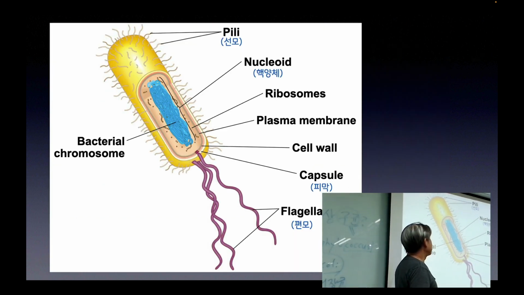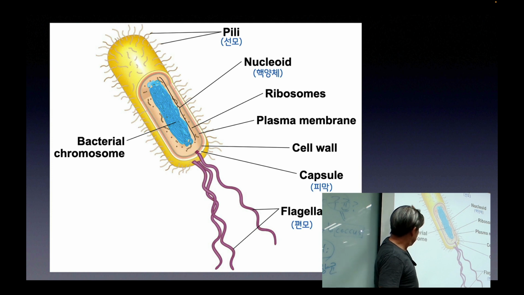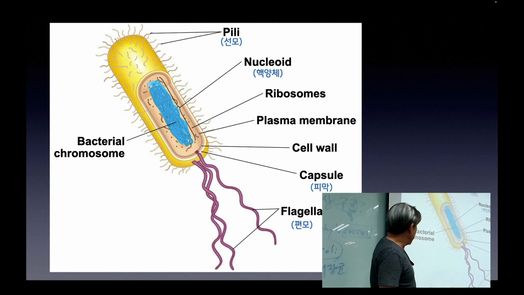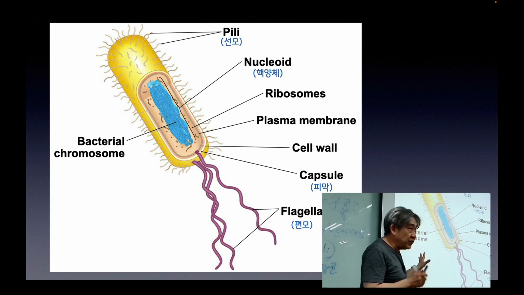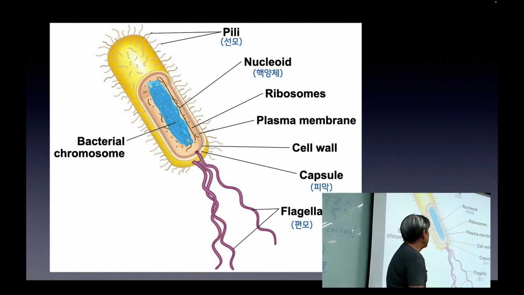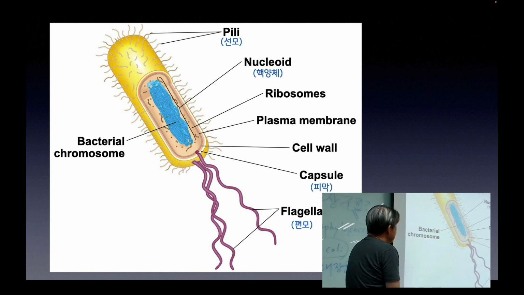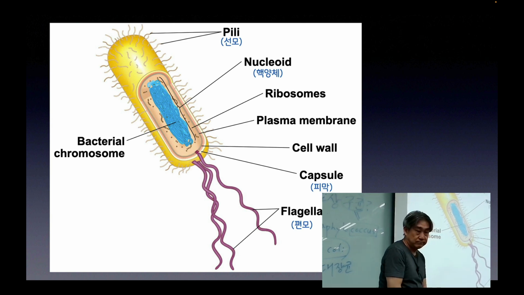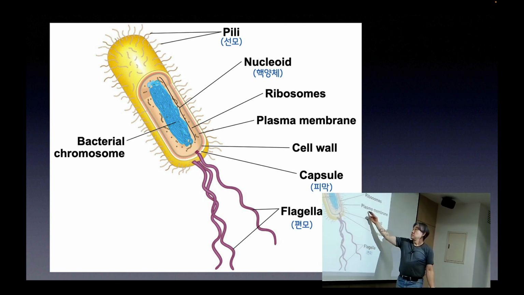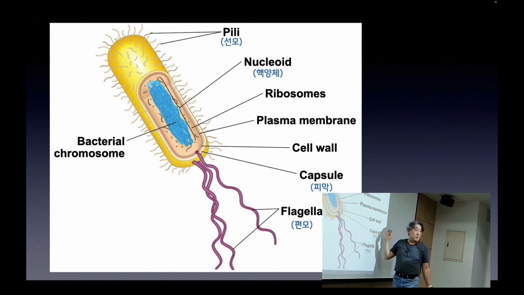Now, this is a rod-shaped bacillus, a typical bacillus form of bacteria, and the common standard features of any typical bacteria are presented here. So, for example, the cell membrane, also known as the plasma membrane.